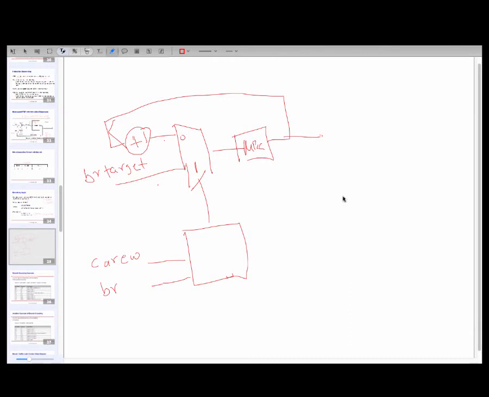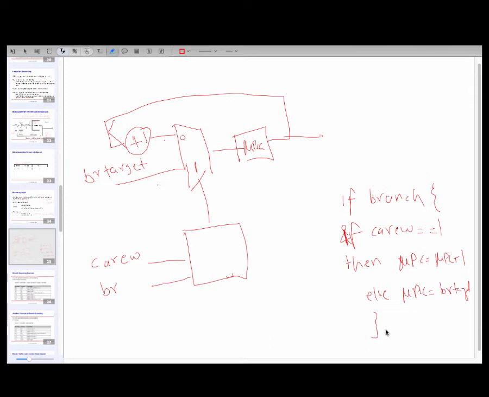So if branch and car east west equal to high, then micro PC equal to micro PC plus 1, else branch target. So if it's a branch instruction and car east west is high, then increment, otherwise stay put.